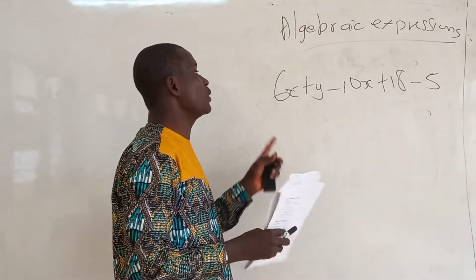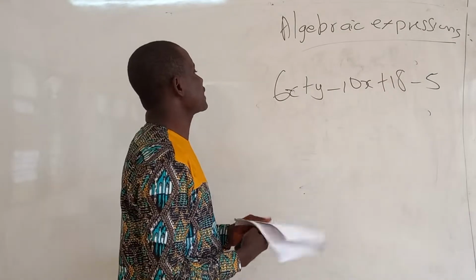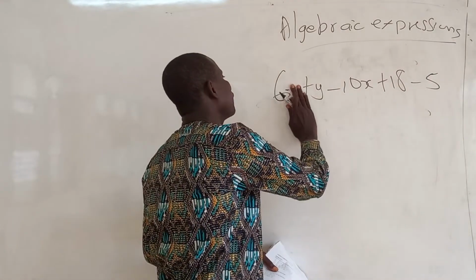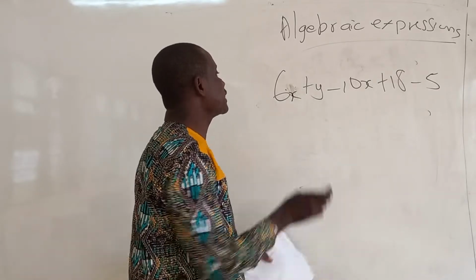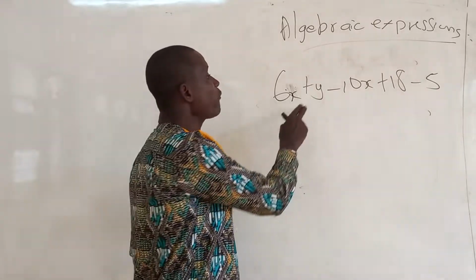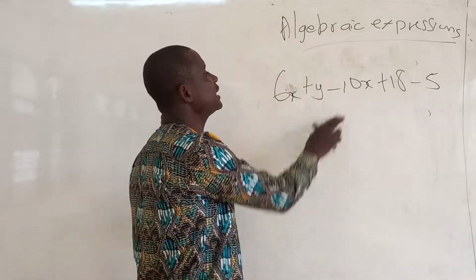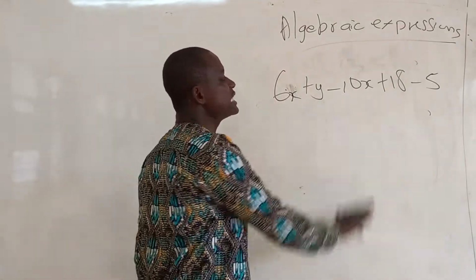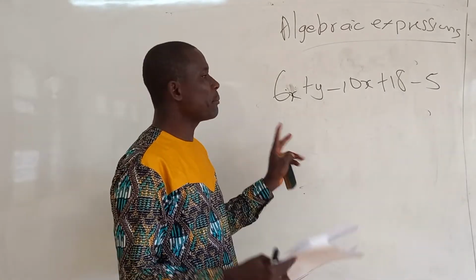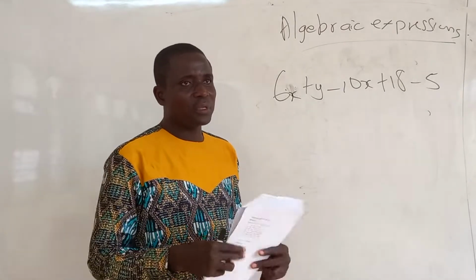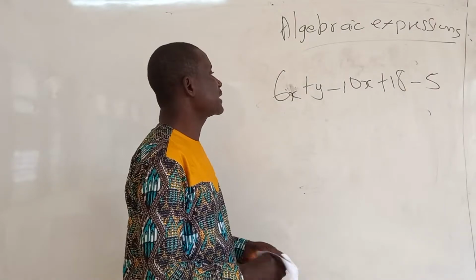When you look at this carefully, you will see that we have 6x, that is, 6 as a coefficient attached to the x. Then we have y, then we have 10x, then we have 18, then we have minus 5. So here we have 3 different sets of terms.